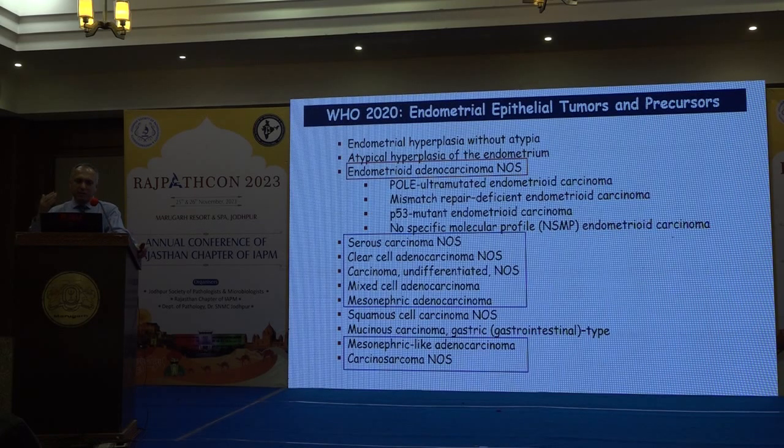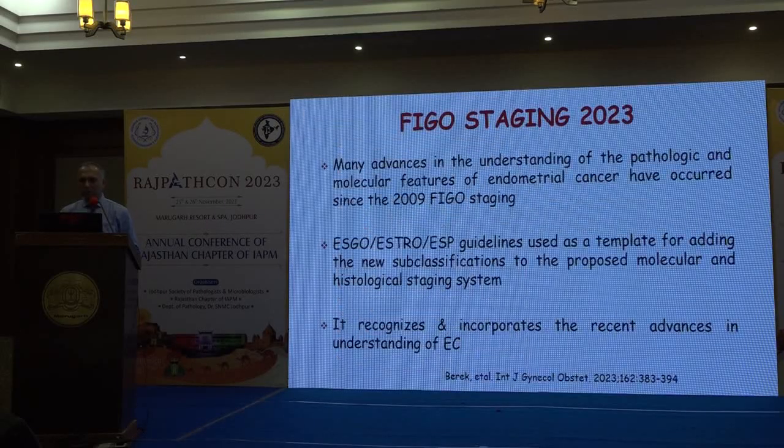So clear-cut endometrioid adenocarcinomas have been classified according to molecular subtypes, and then you have the high-risk variants, which are the serous, clear cell, undifferentiated carcinomas, mixed carcinomas, and mesonephric-like, etc. So these are all high-risk carcinomas, and it's important to be aware of the morphologic features.